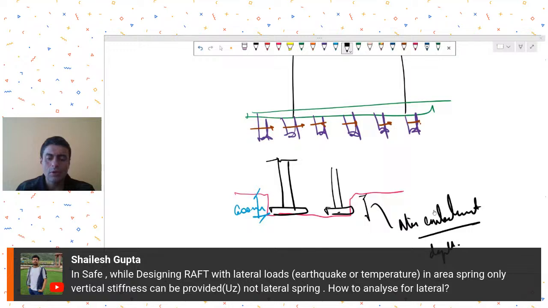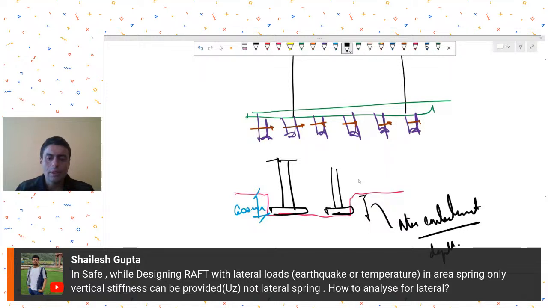No, so why do you want to design your raft for lateral forces? If your raft has piles, then you check for lateral forces. But if your raft is only a raft, why do you want to design it for lateral forces? It's not going to go anywhere. Your raft is such a large mass that it's not going to slide or translate anywhere.